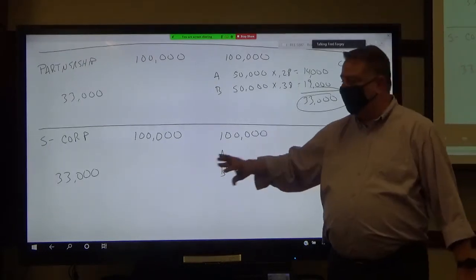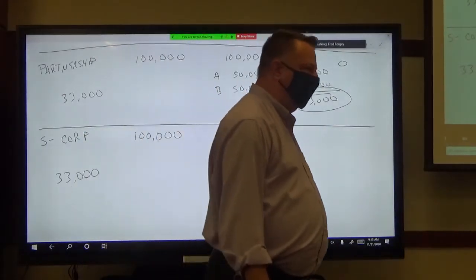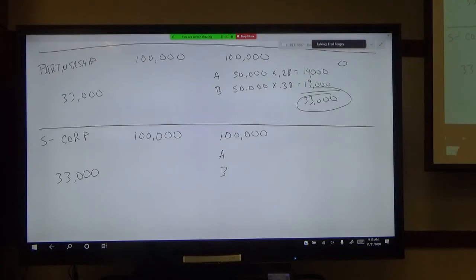Well, the reason is because by law, you are limited in the number of shareholders you can have in an S Corp. And if my memory serves me correctly, it's about 40-something, maybe 45 shareholders maximum that you can have in an S Corp, whereas with a C Corp, you can have 1 million investors, okay?